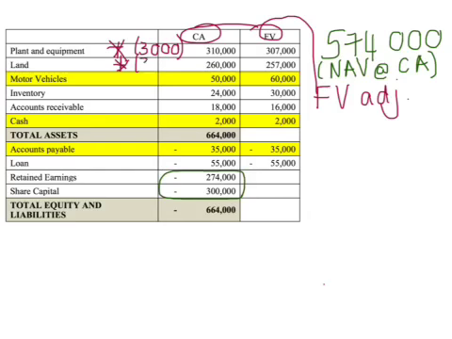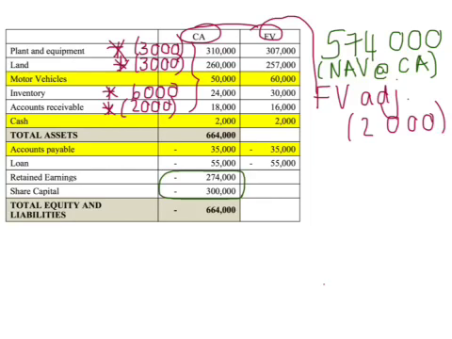For the land, there's similarly a $3,000 difference where the fair value is less. Our inventory, the fair value is $6,000 more, and our accounts receivable is $2,000 less. So the net effect of that in terms of our fair value adjustments is a downwards adjustment of $2,000.